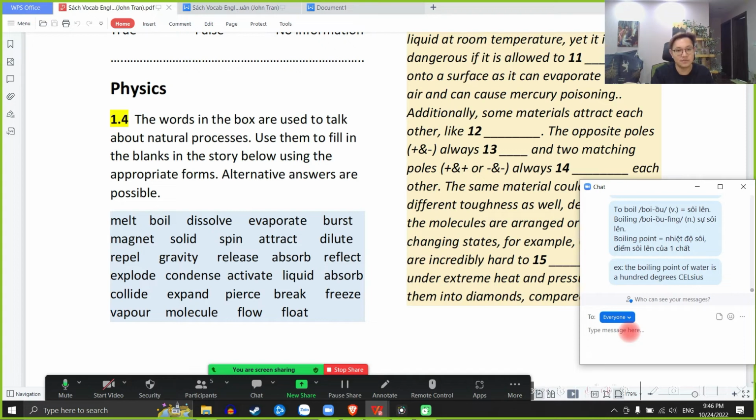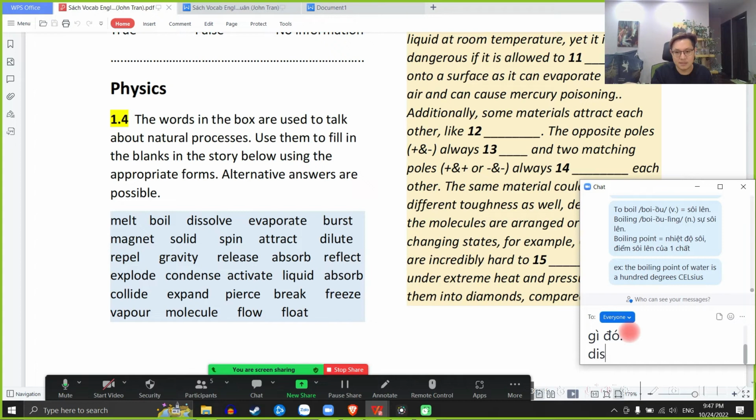Dissolve. The verb to dissolve means to dissolve something.